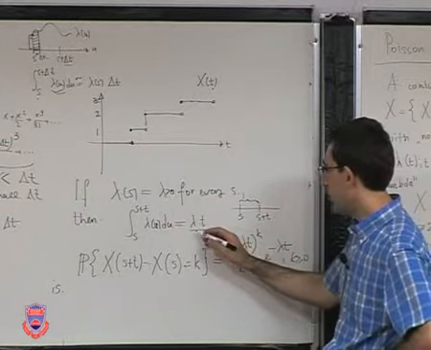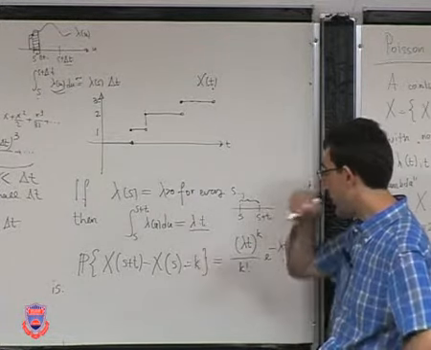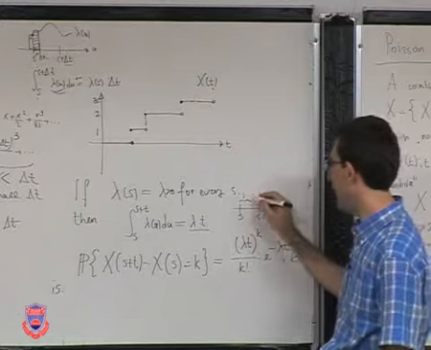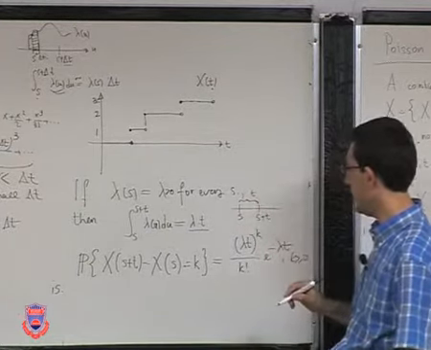The integral equals lambda times t, which depends on our choice of interval only through its length, t.